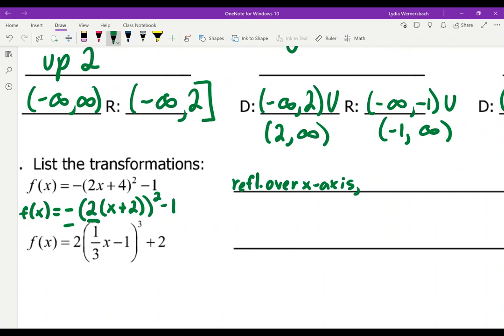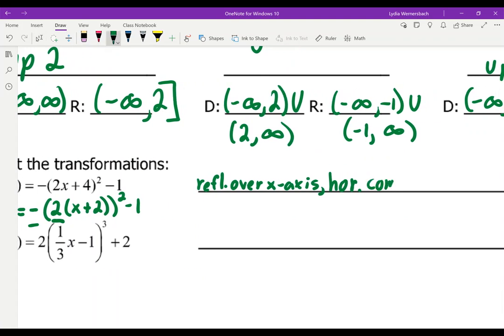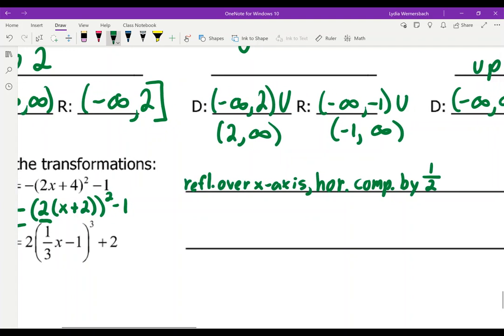So that means it's going to be a horizontal, and it's bigger than 1. Remember, when it's on the inside, it's the opposite of what we would think. So we'd maybe originally say, oh, I think that's a stretch. But it's actually not. It's going to be a horizontal compression. And that's because it's going to be by 1 over whatever that number is. So in this case, it's by 1 over 2, 1/2.